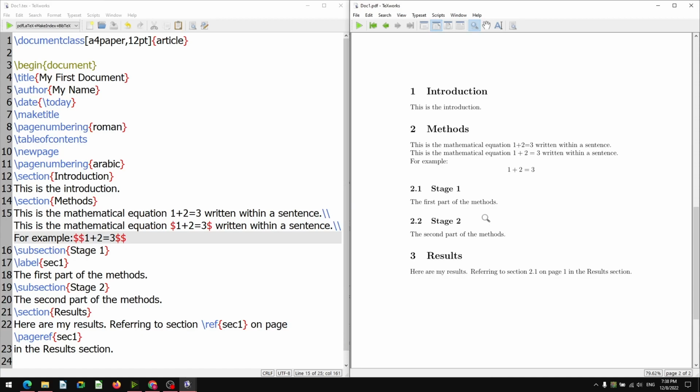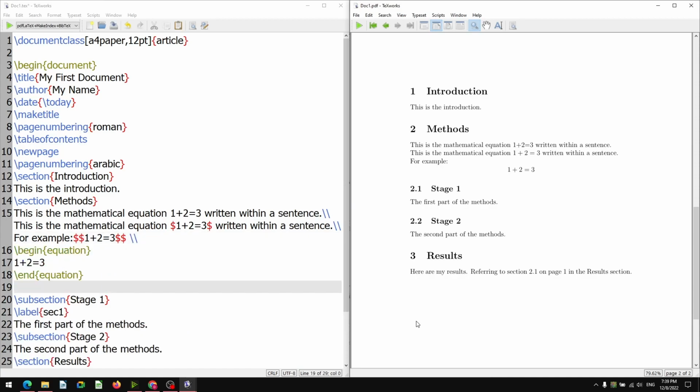So let us check. Write the program below this. Now this is backslash begin equation, backslash end equation, and within begin equation and end equation we have written the equation 1 plus 2 equal to 3, suppose.